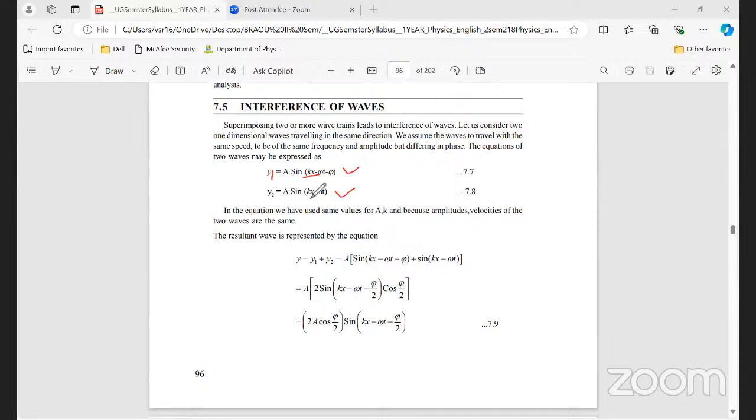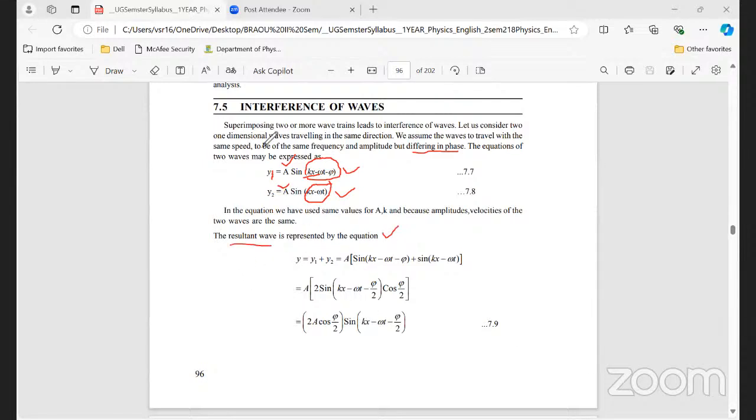The amplitude is the same. Here A and K are the amplitude and the wave number of the two waves. What is K? K is the wave number, K equals 2 pi by lambda. You must remember this, a most important objective bit. So, the resultant wave.